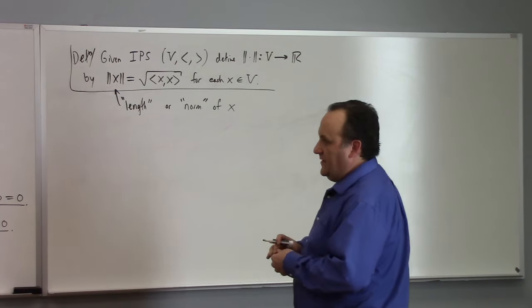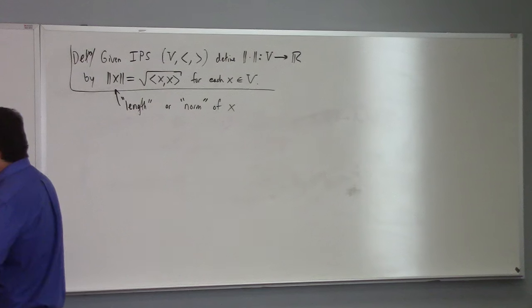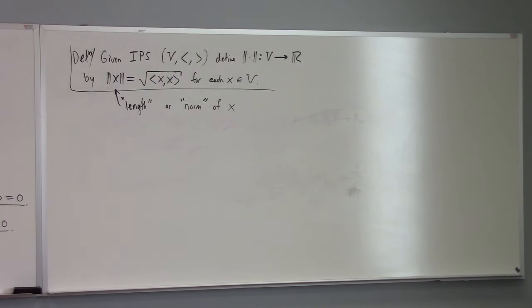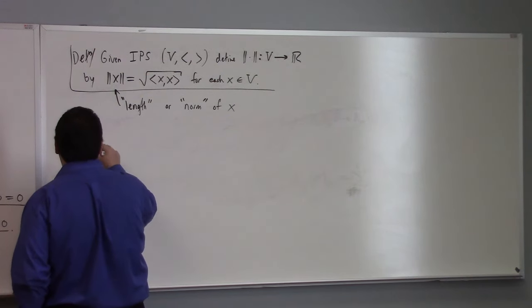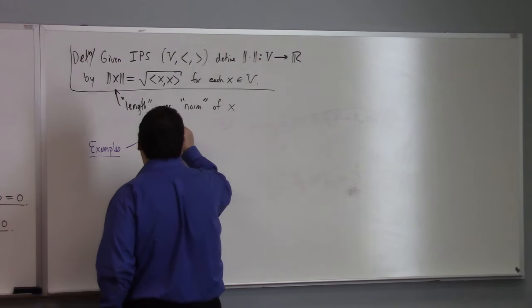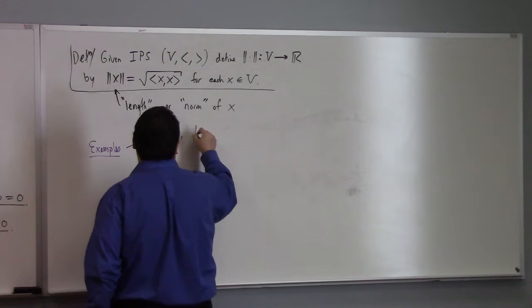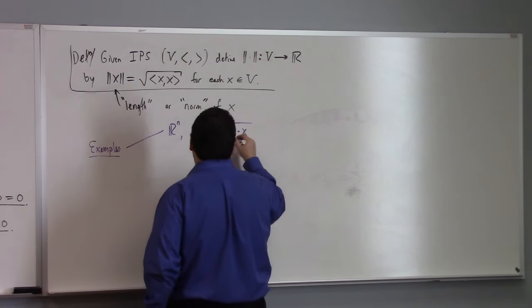So if you go back to all my examples, you can define the length of a real vector, a complex vector, the length of a matrix, the length of a function, the length of a complex function. So examples. For R^n, the length of x is the square root of x dot x.